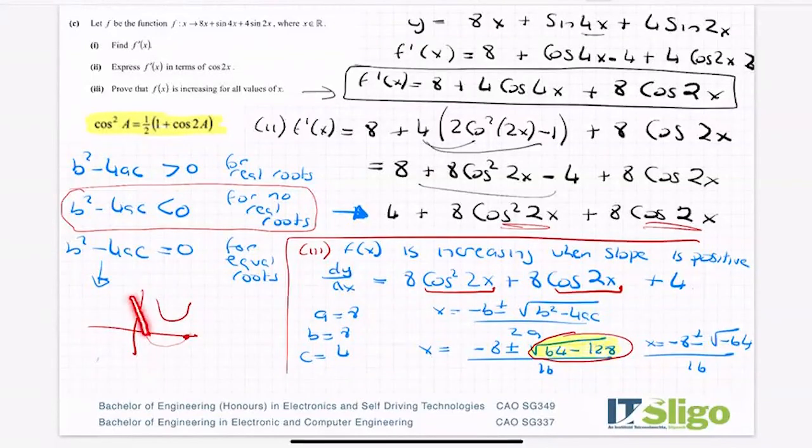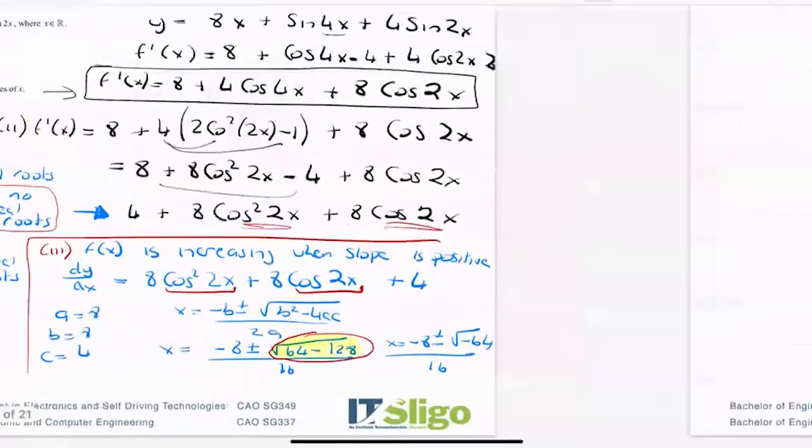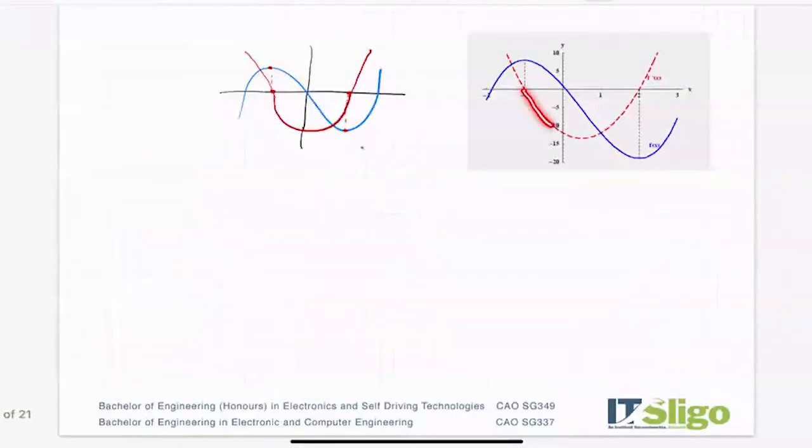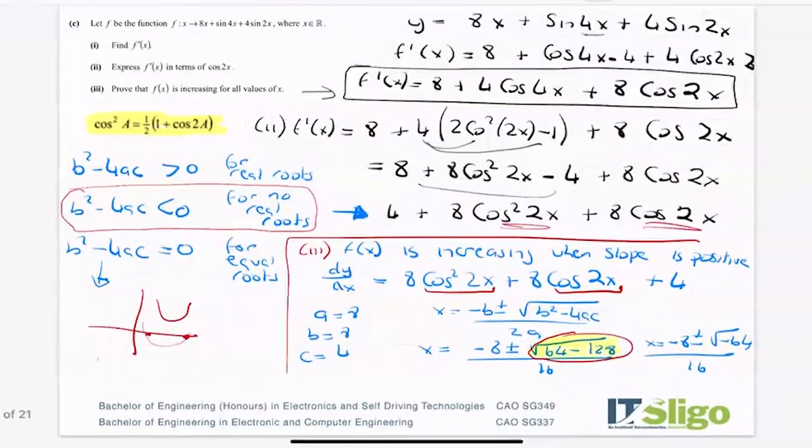So if it never comes below the line, then I never have this red part here, which means I never have negative slope, which means my original function must always be increasing.